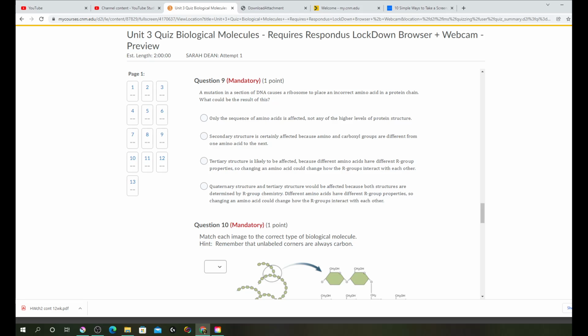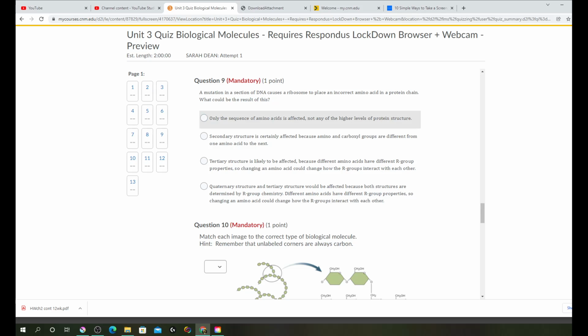All right, question 9. A mutation in a section of DNA causes a ribosome to place an incorrect amino acid in a protein chain. What could be the result of this? Remember, DNA codes for protein, and proteins are chains of amino acids.